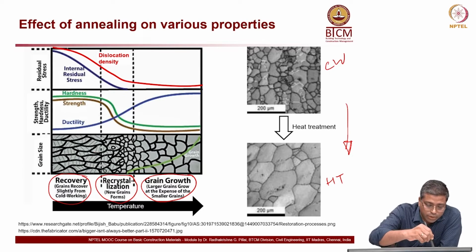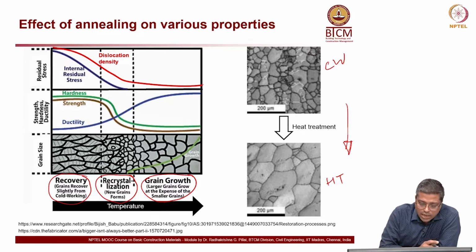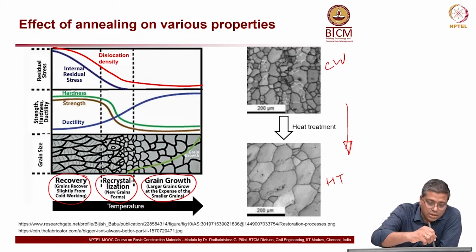Now, what will happen? The dislocation density decreases as you move to the right, and as you keep heating the material, the internal residual stress decreases as you go through these 3 phases. Okay, residual stress.